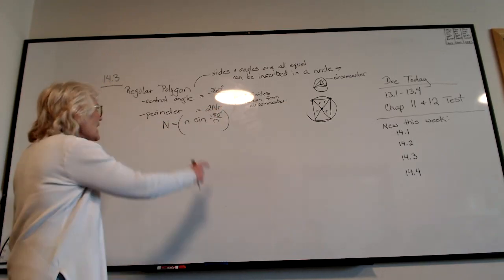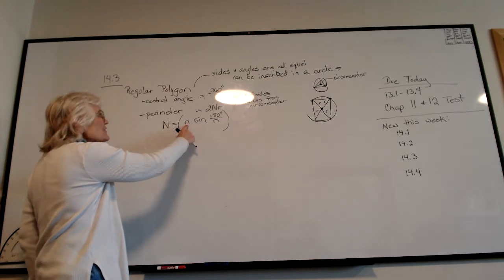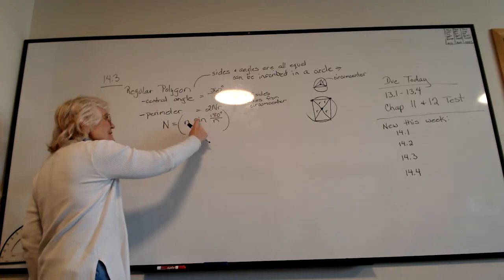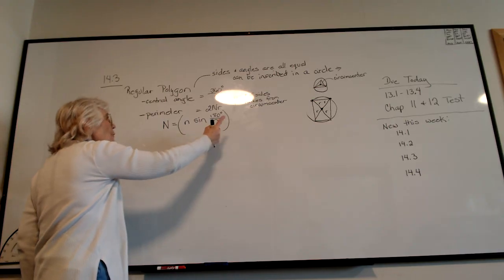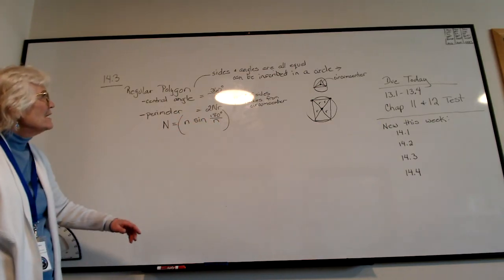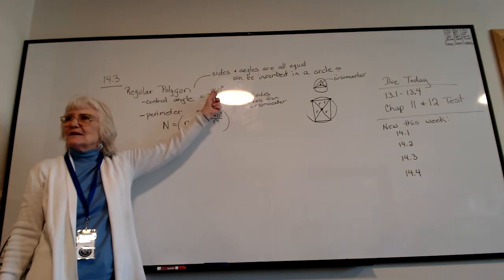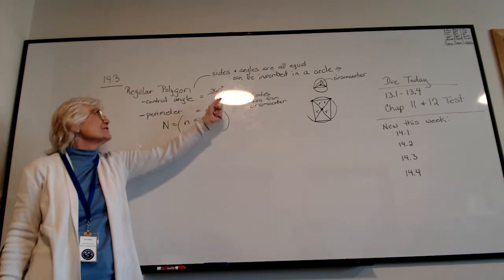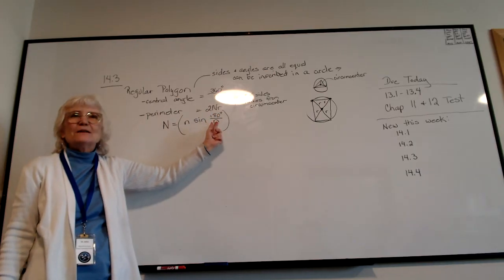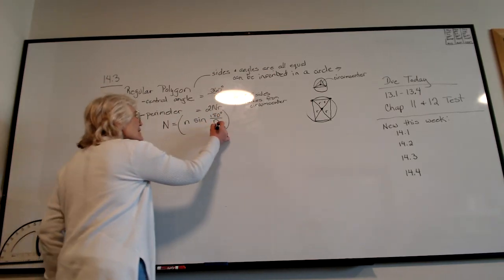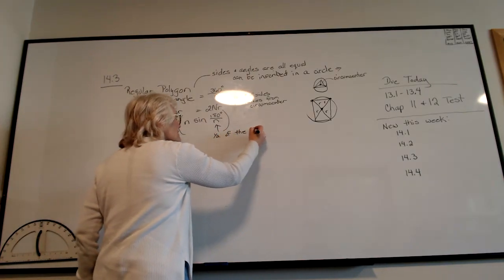And we define N, big capital N, as the number of sides times the sine of 180 degrees divided by n. Now, it's really just half the size of the central angle, because the central angle is 360 divided by n, and this is 180 divided by n.